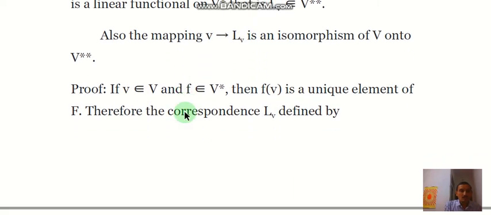So here we see the proof or property of this L_v. If v belongs to V and f belongs to V*, then f(v) is a unique element of the field F, because f is a linear functional.